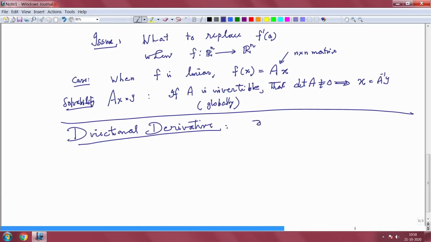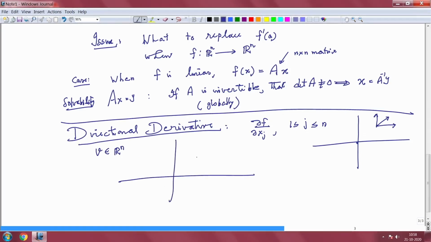So, you already know about the partial derivatives df by dxj for 1 less than or equal to j less than or equal to n. Now, if you want to define a derivative at a point, you make small changes in the coordinate axes, but I can change in any direction. So, you take a v in R n. You can view a point v either as a point or as a vector.